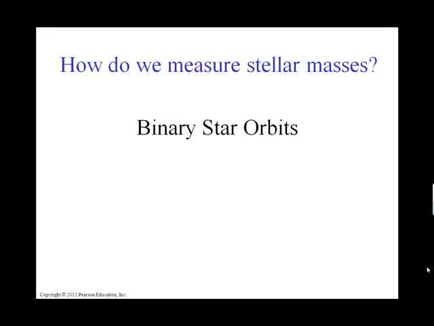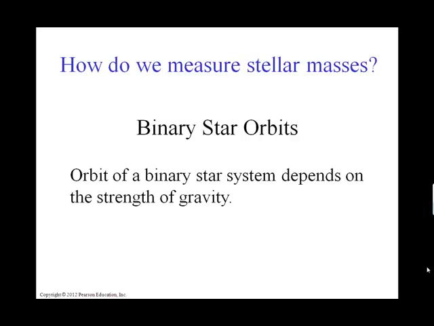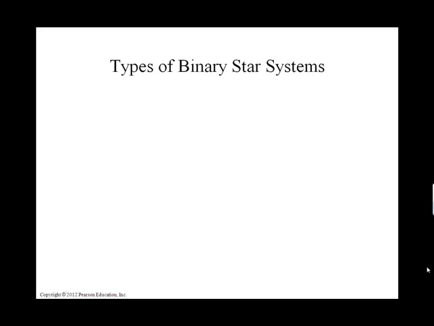And so we can understand the mass of a star if it is gravitationally influencing or influenced by the mass of another star, by watching their orbital patterns. So, binary stars. Basically we're looking for a couple of stars that are near each other, close enough to gravitationally influence each other.